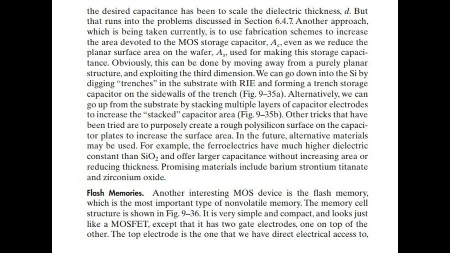We can go down into the silicon by digging trenches in the substrate with reactive ion etching and forming a trench storage capacitor on the sidewalls of the trench, Fig 9.35a. Alternatively, we can go up from the substrate by stacking multiple layers of capacitor electrodes to increase the stacked capacitor area, Fig 9.35b. Other tricks that have been tried are to purposely create a rough polysilicon surface on the capacitor plates to increase the surface area.